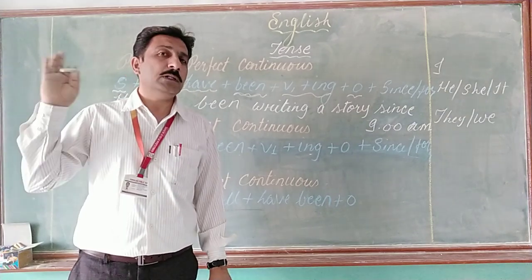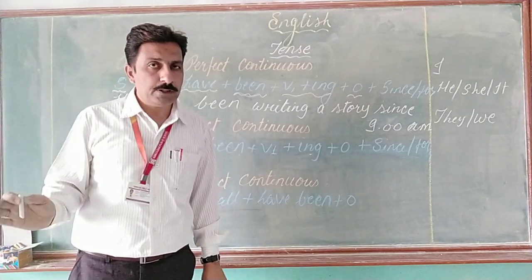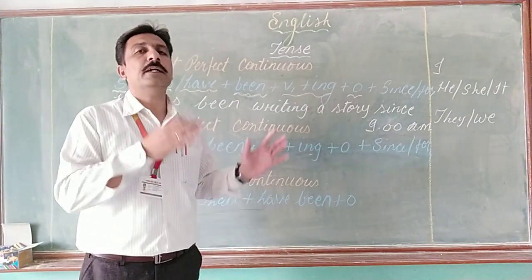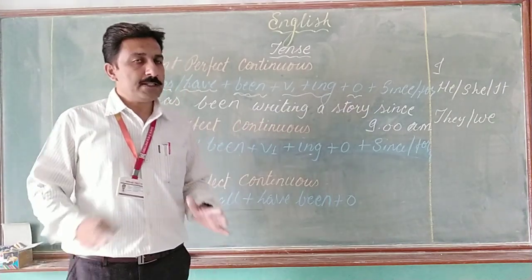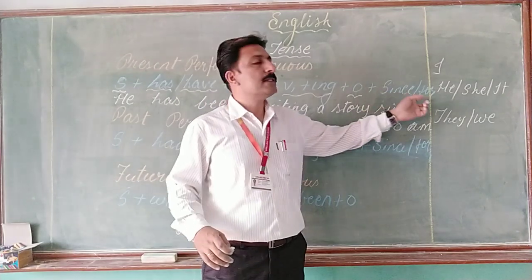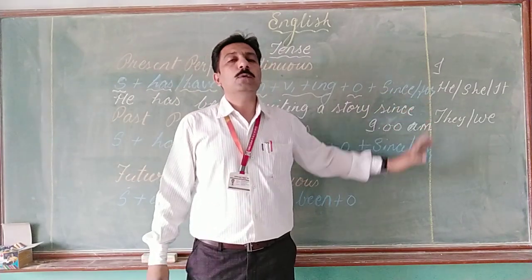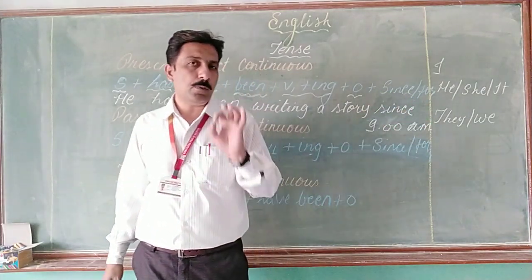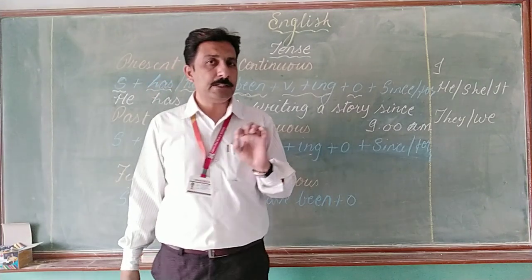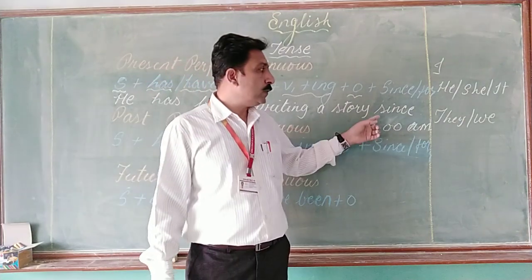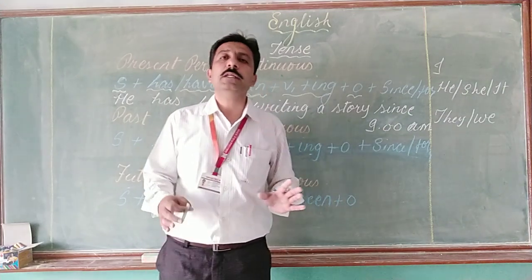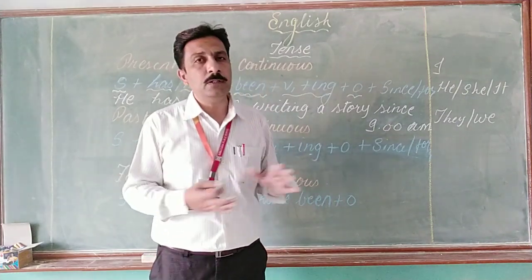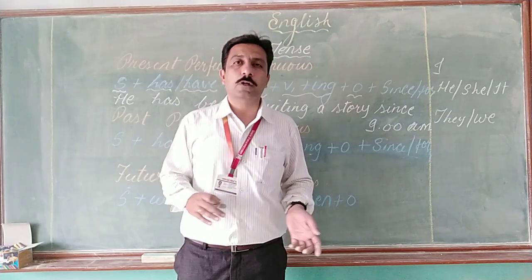From that particular point of time, he started writing the story, and that story writing is going on. So this is the difference between since and for. If you have a fixed time, a point of time, if you know the exact time, then we can use since. If you don't know the exact time, if you are expressing the duration, for that you can use for.